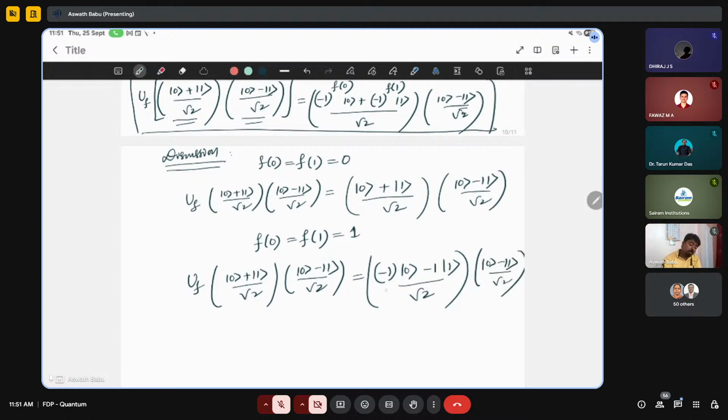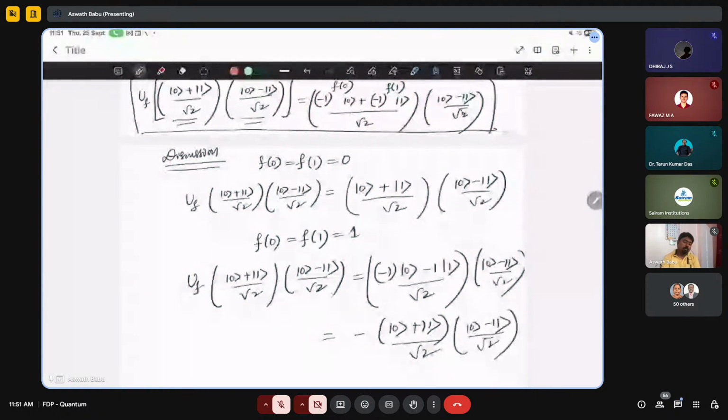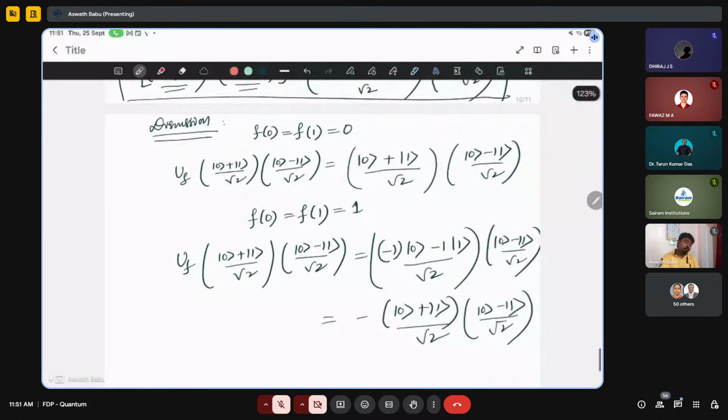Now I can take the common minus outside and write this as minus of (|0> plus |1>)/sqrt(2), (|0> minus |1>)/sqrt(2). If you compare the previous case to this case, the only difference is the minus 1.